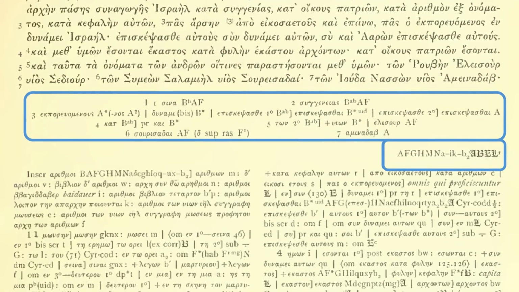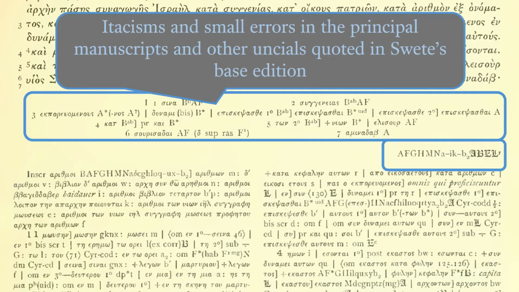Moving down the page a bit, right underneath the text, they have two very small mini apparatuses, if you will. The first one covers itacisms or iotacisms and small errors in the principal manuscripts that are cited. Specifically, what they look at is what Swete used, which is usually Vaticanus, but maybe some others, and whether they need to make you aware of any very small spelling issues that aren't really major textual variants.